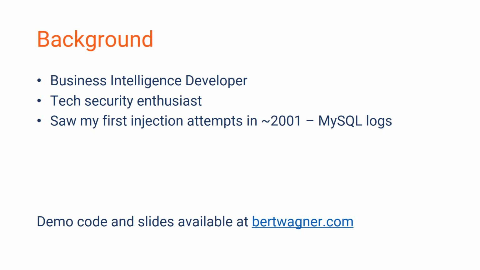I was looking at the database logs one day and saw this funny code, this 1 = 1. What's happening here? That was my first encounter with SQL injection, about 16 years ago. Ever since then, I've been interested in SQL injection and everything else security related. It's just very fascinating to me.